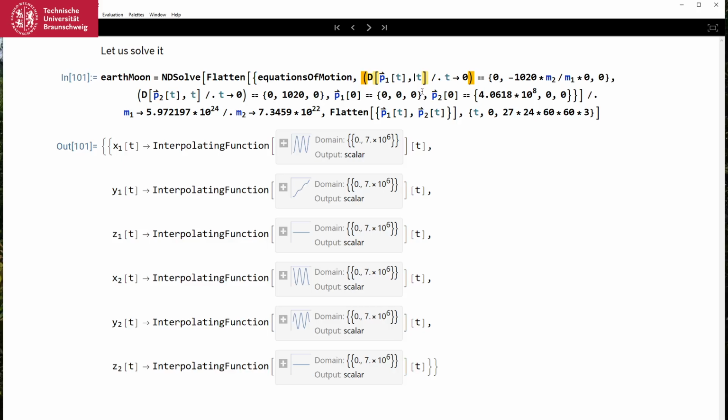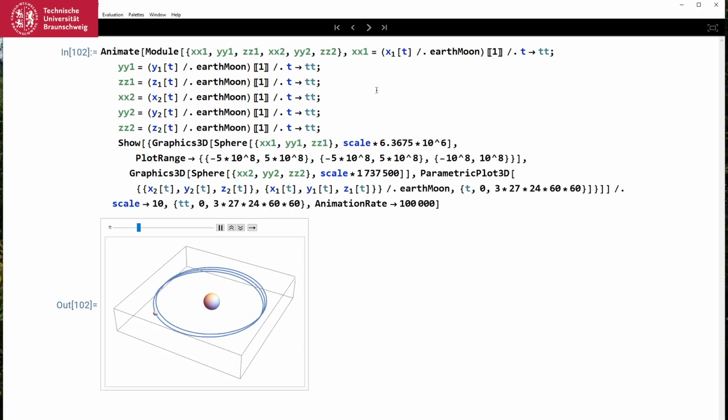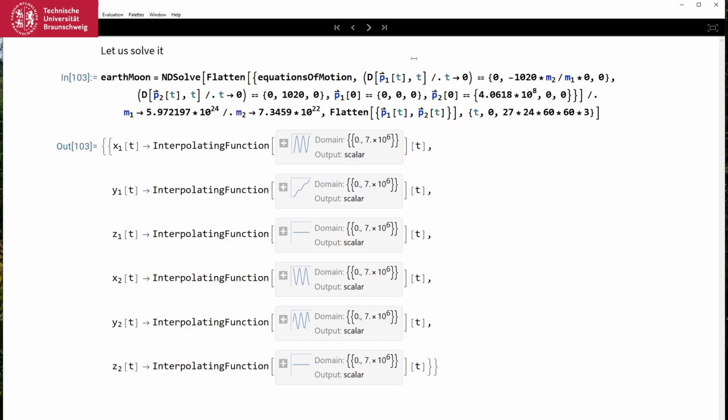That happened the last time, I guess. Animate scalar. Okay, I don't know why we don't see it here, but wait.